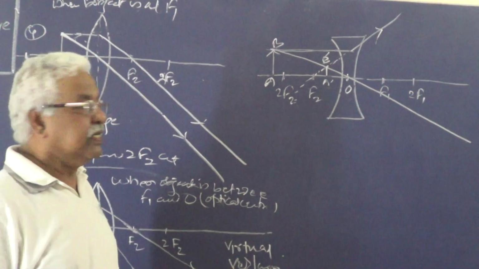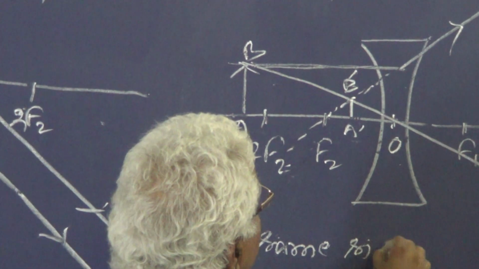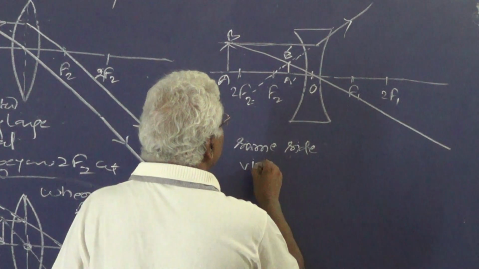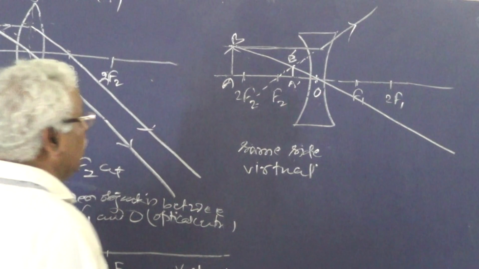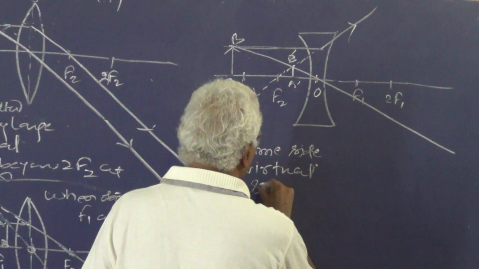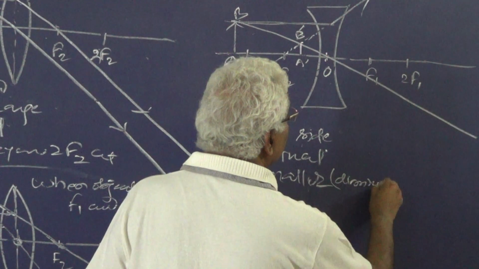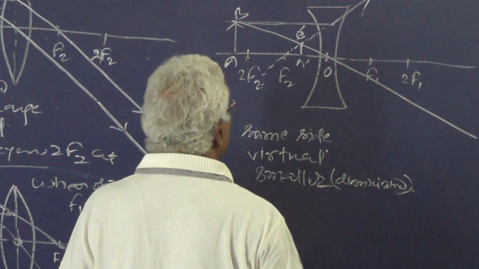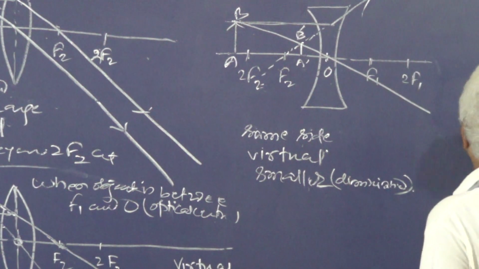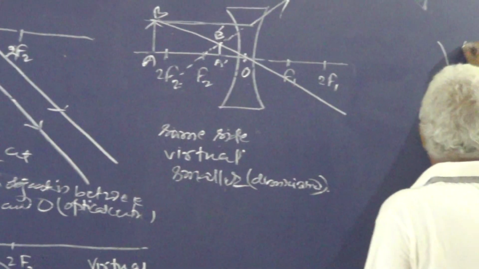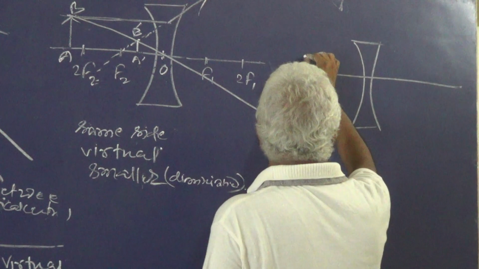So, position of image: same side, virtual, smaller, that is diminished. Second case. Here what happens?